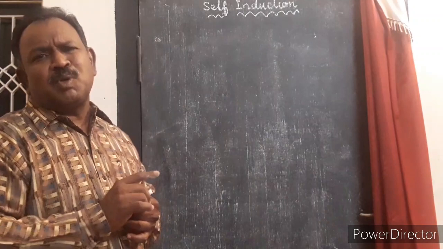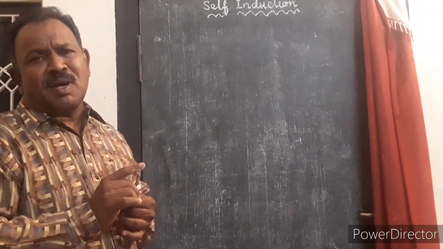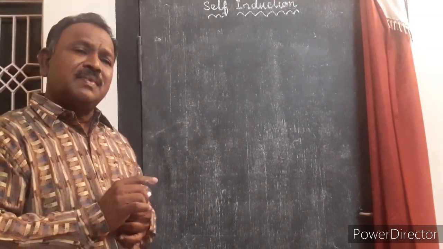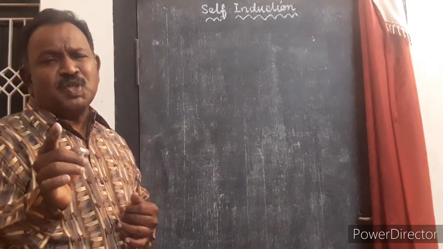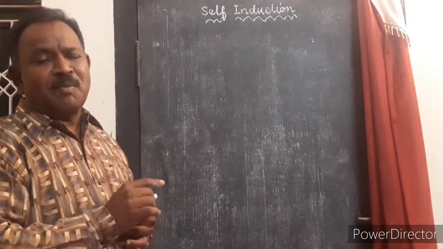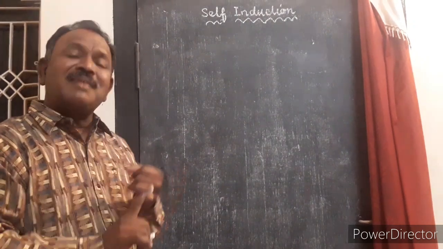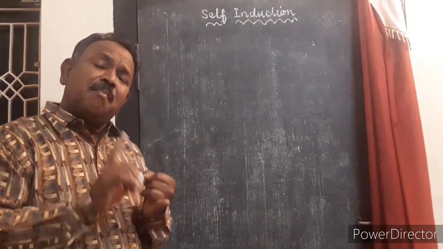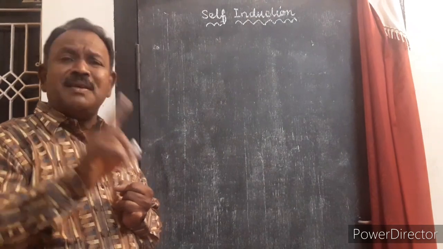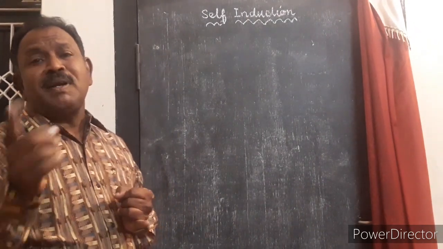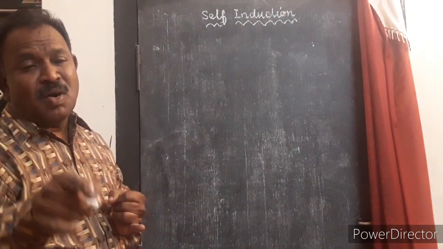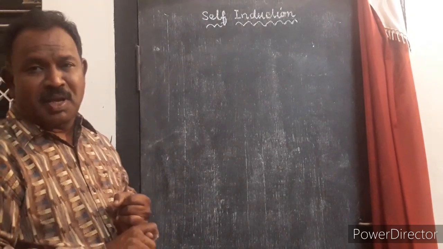Similarly, in rotational motion, we come across moment of inertia. So rotational inertia depends upon the moment of inertia of a body. In translational motion, the mass of the body determines the inertia of a body. In rotational motion, moment of inertia determines the rotational inertia of the body.